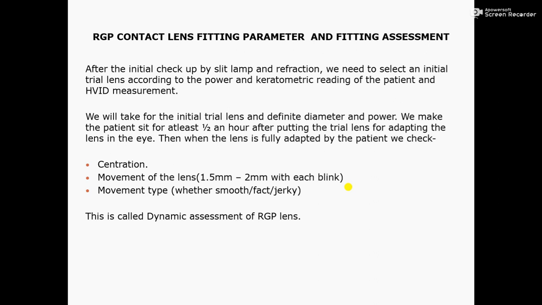The movement of the contact lens should be 1.5 mm to 2 mm with each blink. We also check whether the movement of the contact lens is smooth or not. This is called dynamic assessment of RGP contact lens.